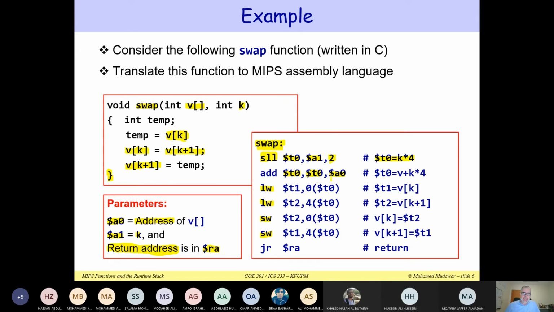Now, after doing this addition, we got in T0 the address of V of K, because we are adding the address of the array V plus K multiplied by 4.